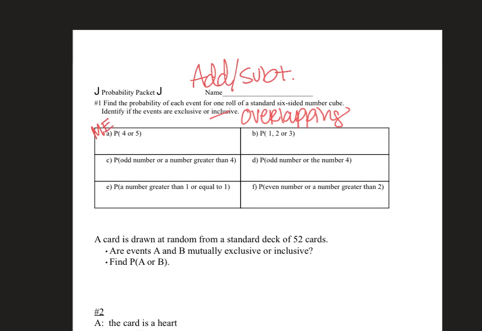When they are mutually exclusive, all you're going to do is add. So you're going to take the probability of A plus the probability of B. The probability of A is the probability of 4. The probability of B is the probability of 5. So my first event is 4, my second event is 5.